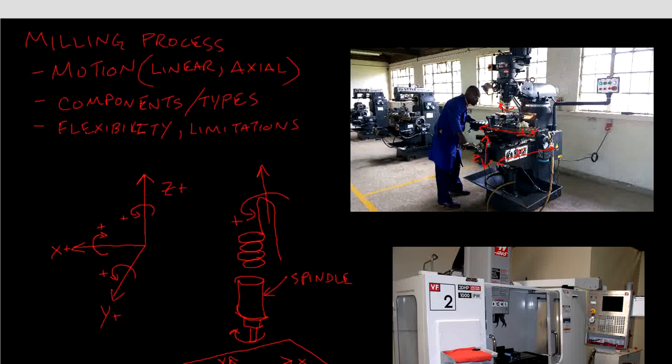So you can see that it's challenging to produce high precision parts because the operator would have to make the parts exactly the same every single time, and this method introduces a lot of operator error.